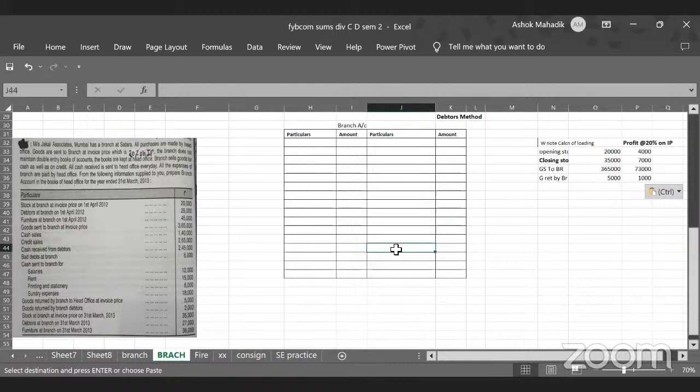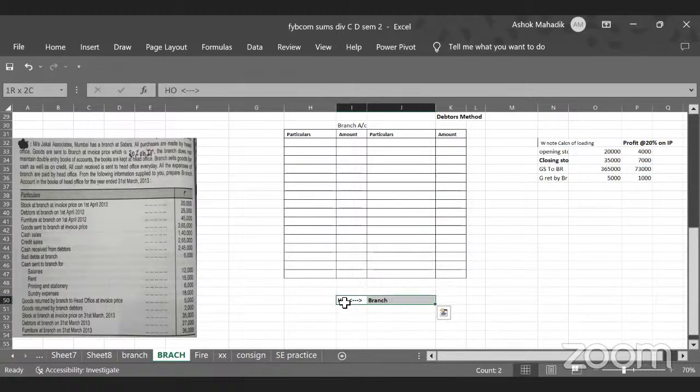Okay, so and in this method, you will record only those transactions which takes place between HO and branch. Okay, this is very important. This part is very important.